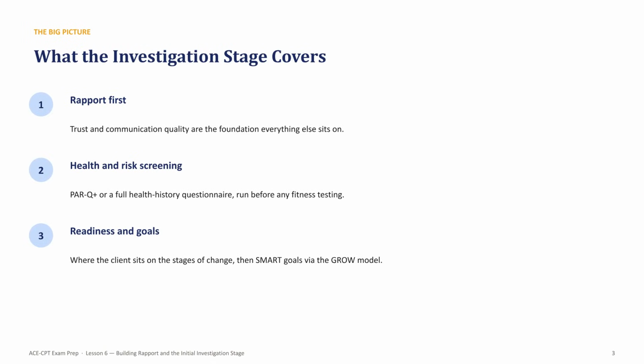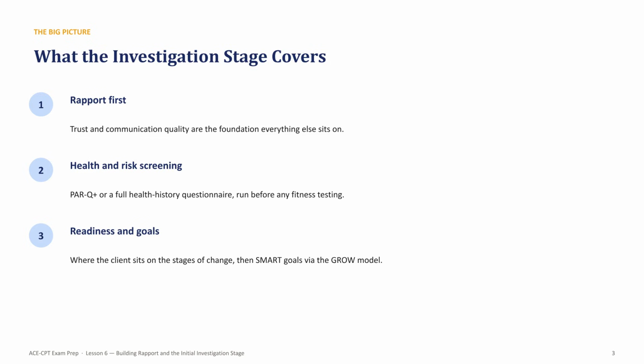Let's zoom out before we get into the details. The investigation stage covers 3 things, and they happen in a specific order for a reason. First, rapport. Trust and communication quality are the foundation everything else in this process sits on. Skip this, and everything downstream gets shakier. Second, health and risk screening. This means running either the PAR-Q Plus or a full health history questionnaire, and it happens before any fitness testing takes place.